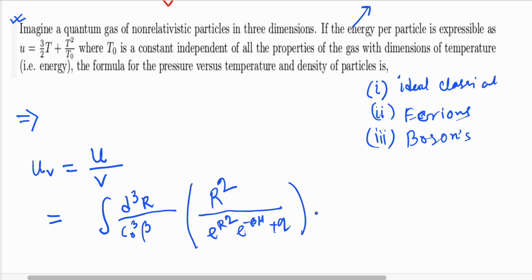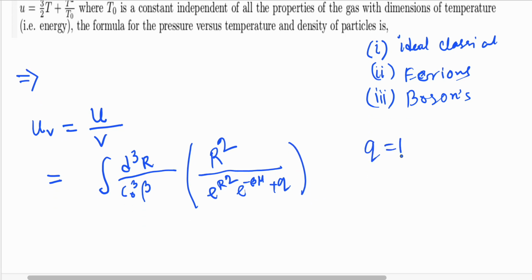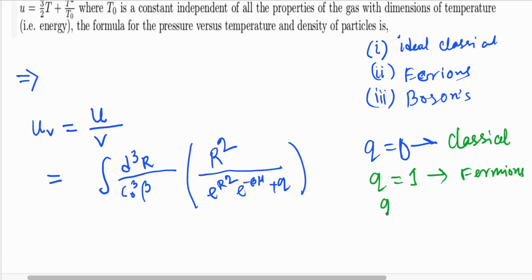Now if q equal to 0, it is a classical gas, and q equal to +1, it is fermions. q equal to -1, it is bosons.